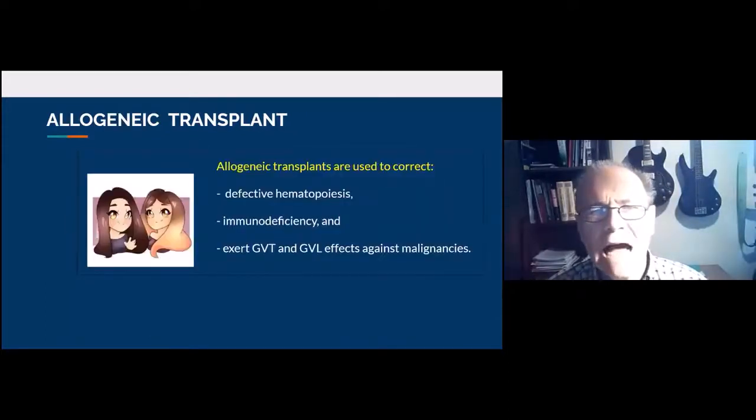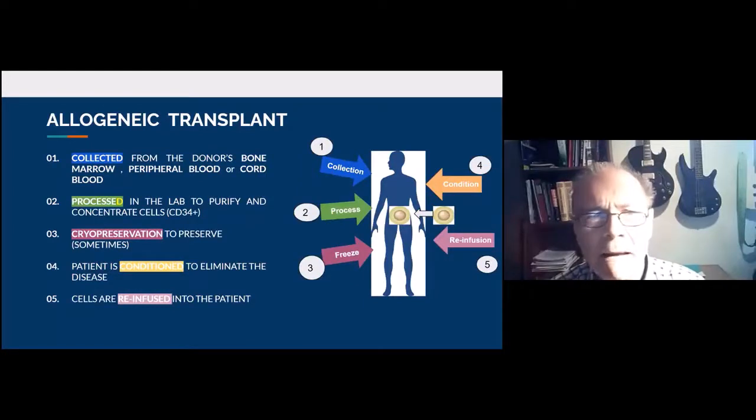How about allogenic transplant? Allogenic transplants are used to correct defective hematopoiesis and immunodeficiency, and to exert graft versus tumor and graft versus leukemia effects against malignancies. Once again, the process is similar, but the collection is made from donors, from bone marrow, peripheral blood, or cord blood.